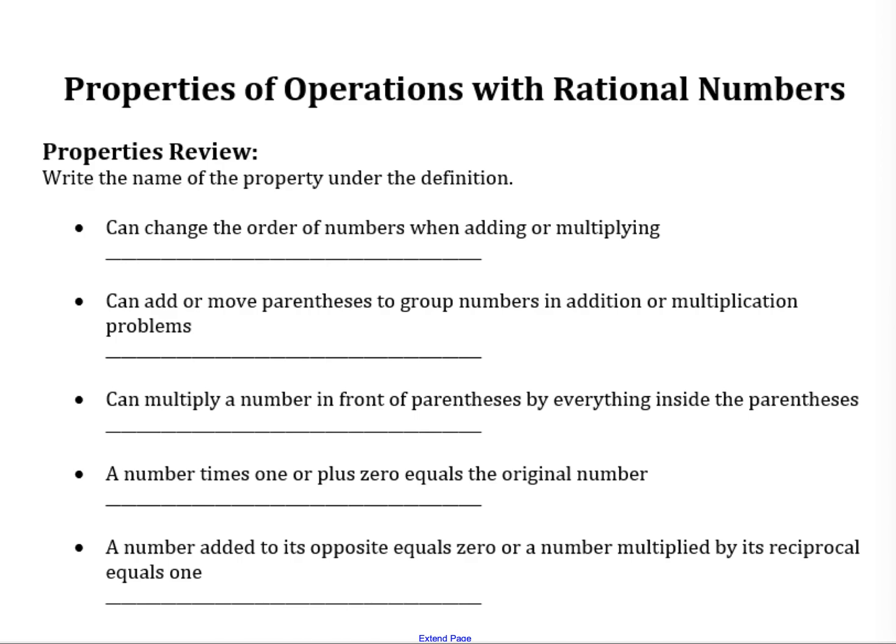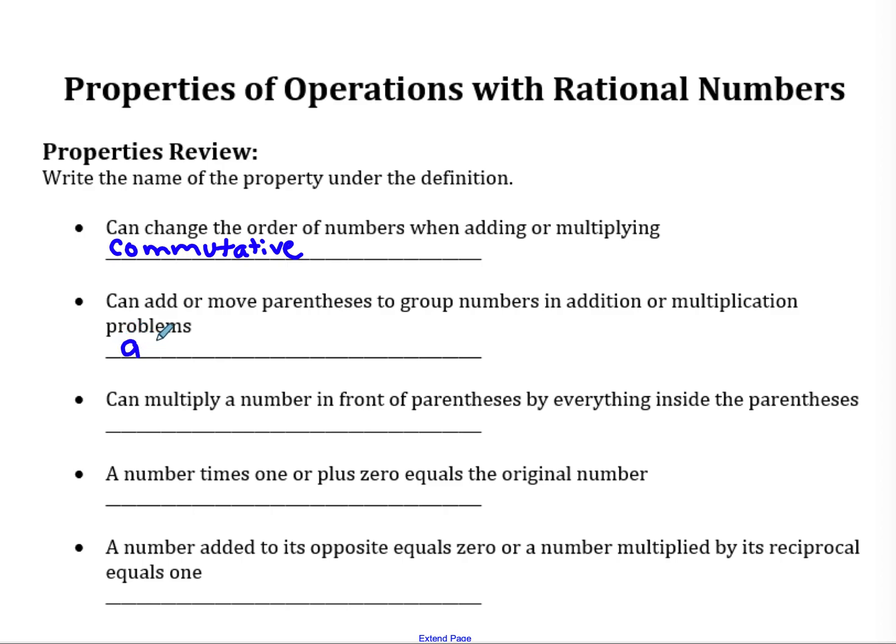So, you can change the order of numbers when adding or multiplying. That is the commutative property. You can add or move parentheses to group numbers in addition or multiplication problems.